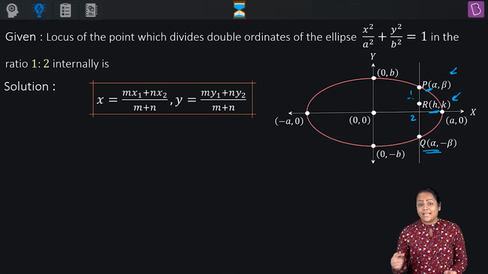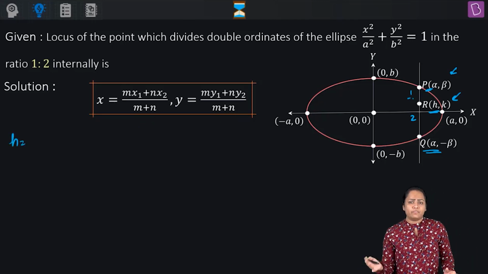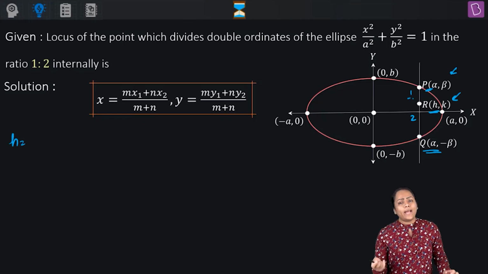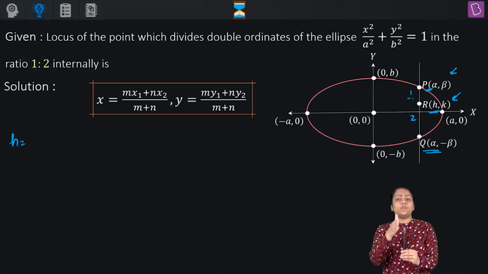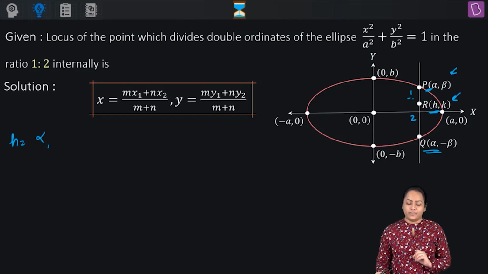Here, my h value will definitely be equal to alpha, which I can write directly. Why? Because we have already seen that PQ is a double ordinate. That means it is perpendicular to the x-axis, and if a line is perpendicular to the x-axis, the x coordinate is going to be the same, right? So h directly can be written as alpha.